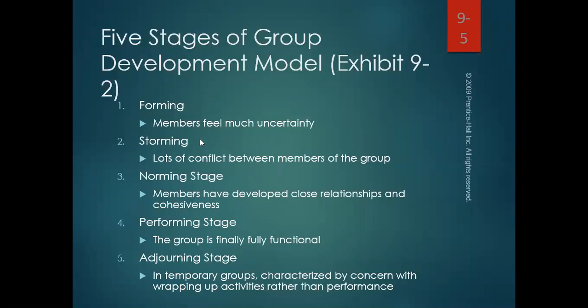But as far as Tuckman's statements are concerned, conflicts mostly arise in these two stages, and a little bit here, but they can ultimately resolve it with close relationships and cohesiveness. And here there are no conflicts as far as Tuckman's statements are concerned.